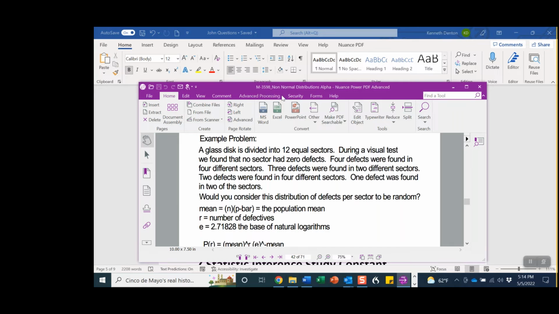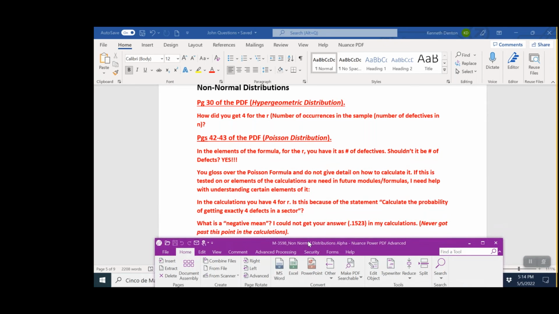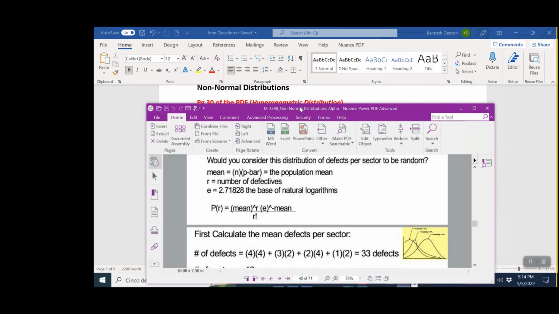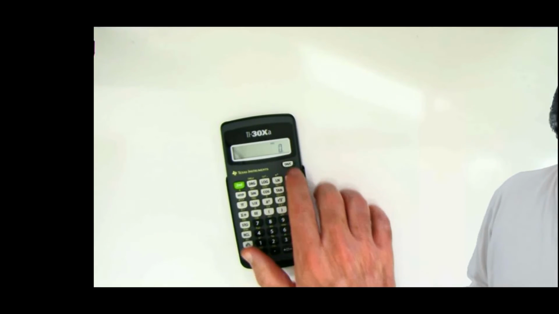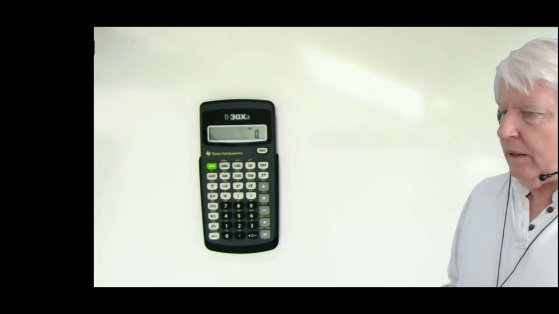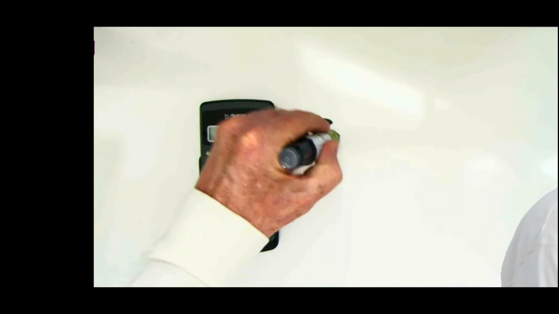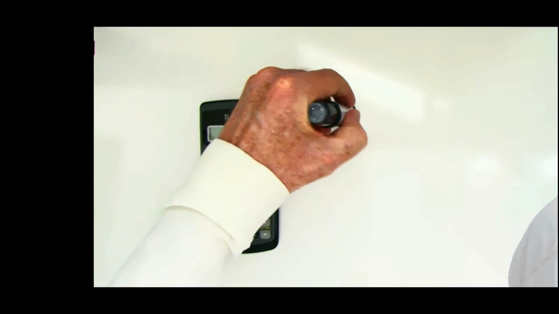Now here's where I got screwed up on the math part. I've never heard of negative mean, and I didn't know how to put that in my calculator. Let me show you. I'll switch it back over. So, it was E to the negative mean, remember?